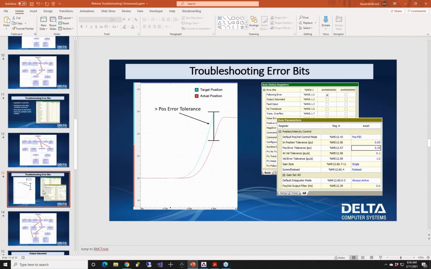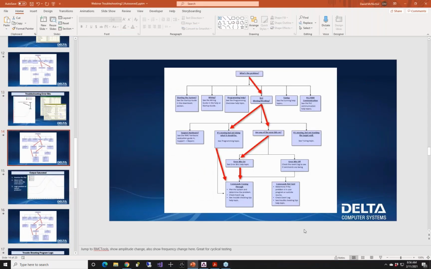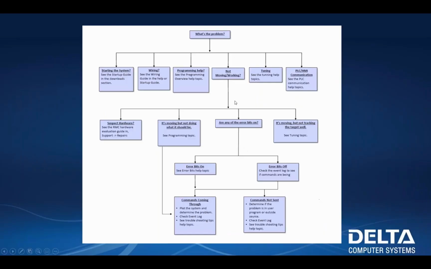Okay, let me just show you kind of how this looks here. I want to show just that the troubleshooting chart still works here, right? What is the problem? It's not moving or working. Are any of the error bits on? Yes, this error bit, the output saturated bit is on. It's moving, but not doing what it should be, right? It's moving, but we're getting a halt.